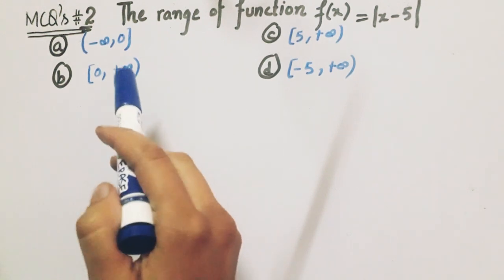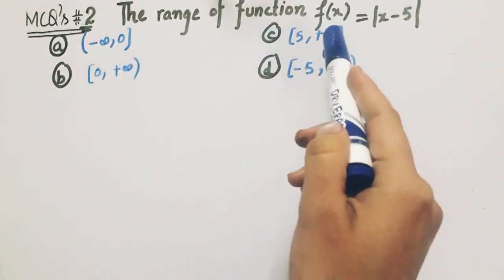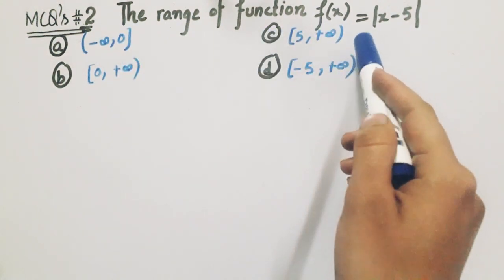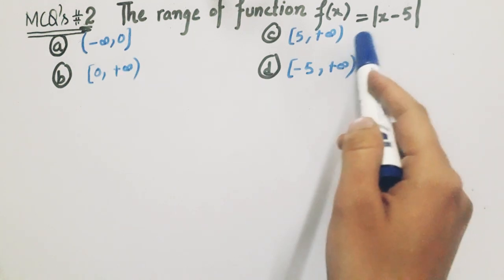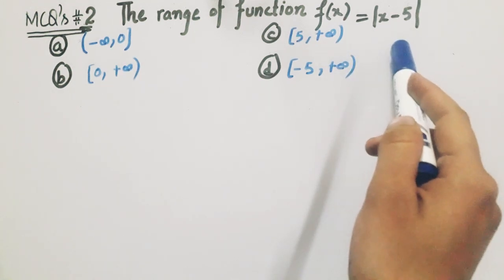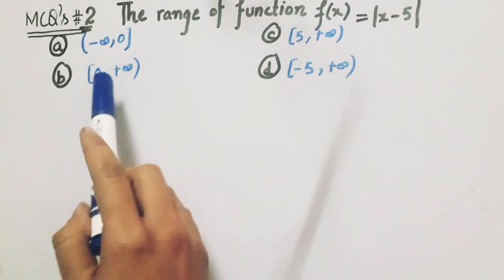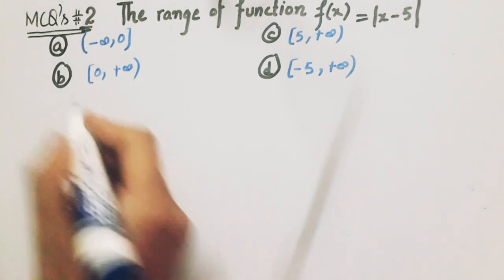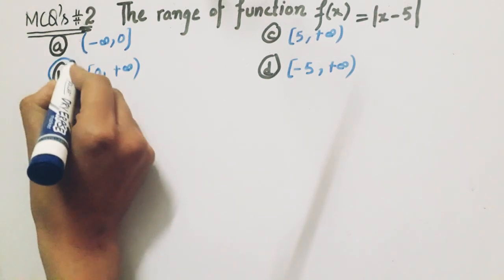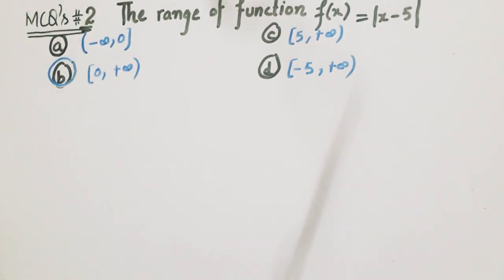Now MCQ 2 is: the range of function f of x which is equal to the mod of x minus 5. Mod means we have all positive values. So the range will be equal to, the correct option is B, that is 0 and plus infinity. What is the reason behind this?